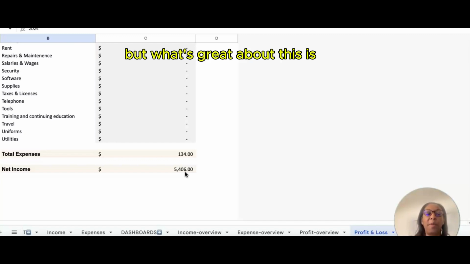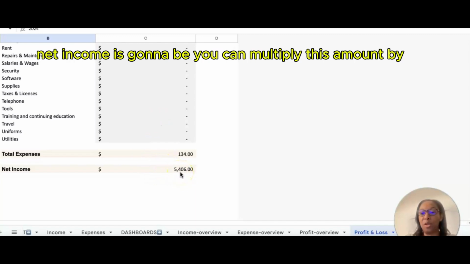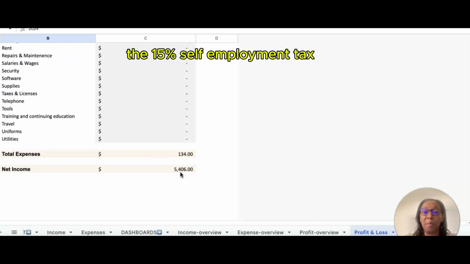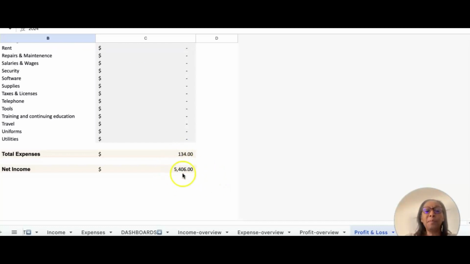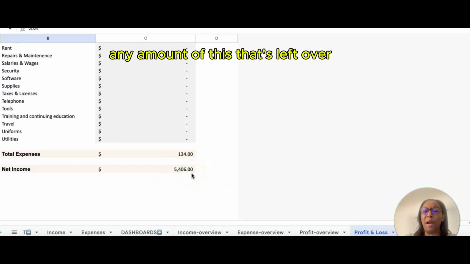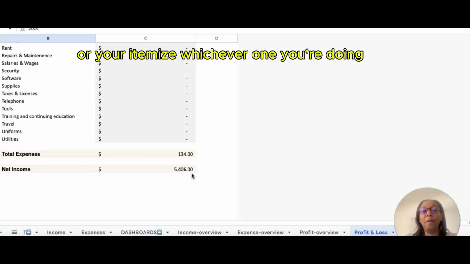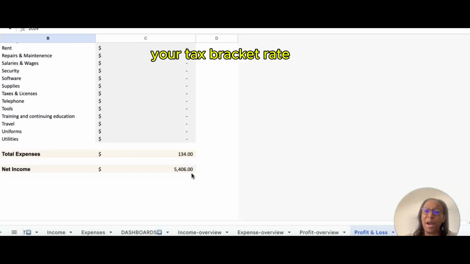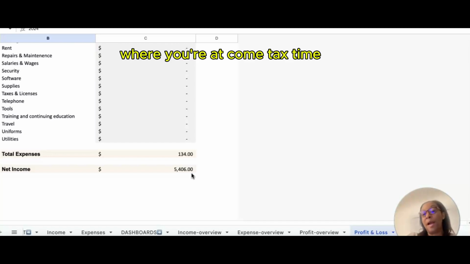But what's great about this is, if you have a good idea of what your net income is going to be, you can multiply this amount by the 15% self-employment tax, find out what your self-employment tax is going to be. And then any amount of this that's left over after you subtract your standard deduction or your itemized, whichever one you're doing, then you can multiply that by your tax bracket rate. So that'll give you a good idea of where you're at come tax time.